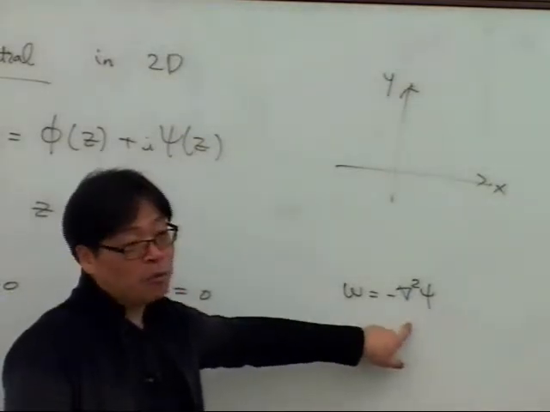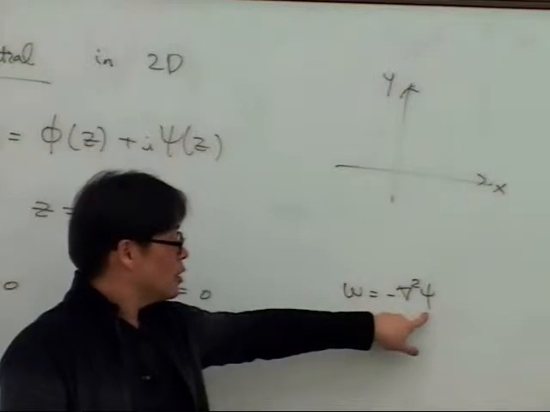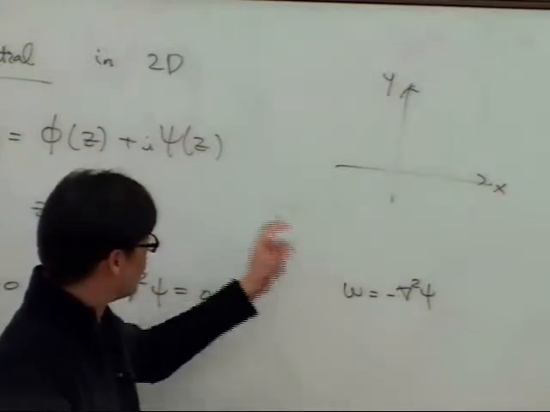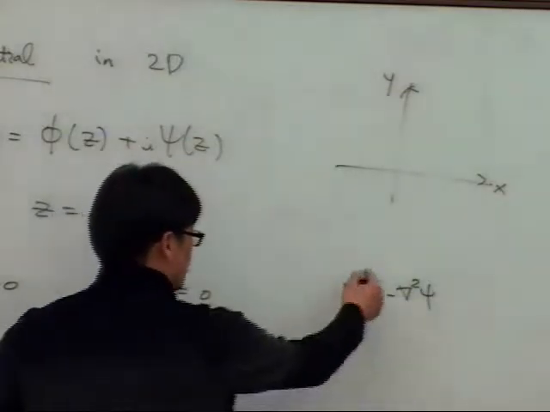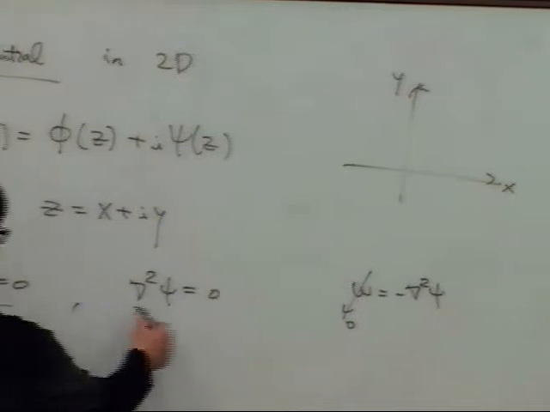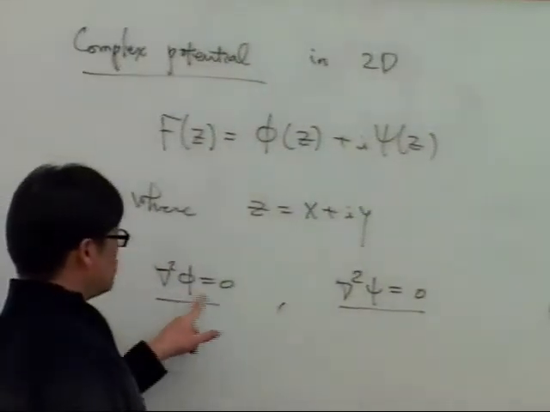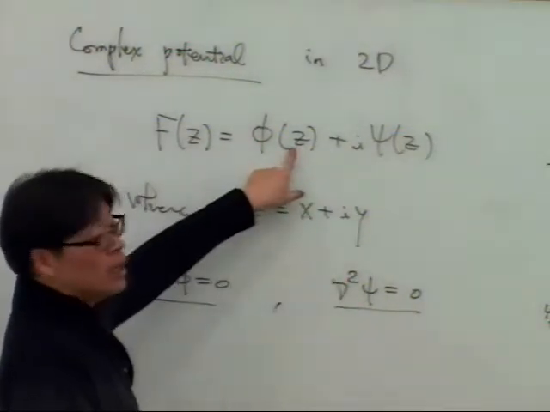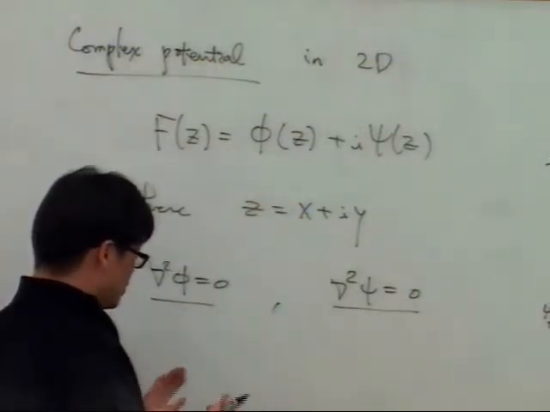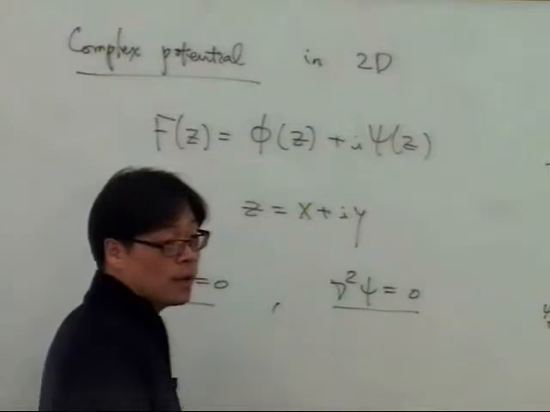Probably you forgot by now, but when I talked about stream function, I talked about this. So this time you are looking at an irrotational flow, so this is equal to 0, and then both velocity potential and stream function satisfy Laplace equation. Therefore, there is some connection between these two.